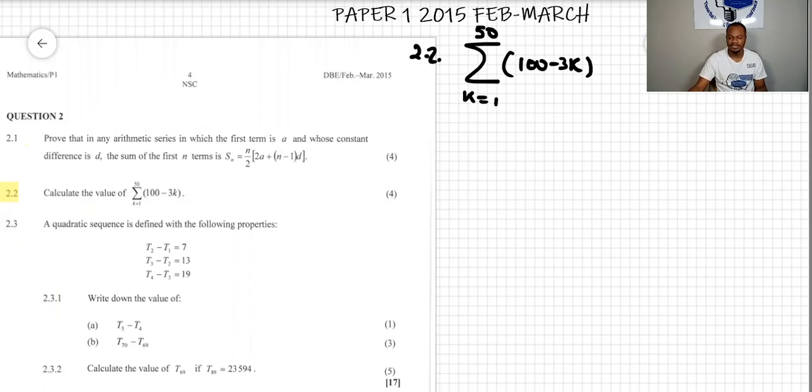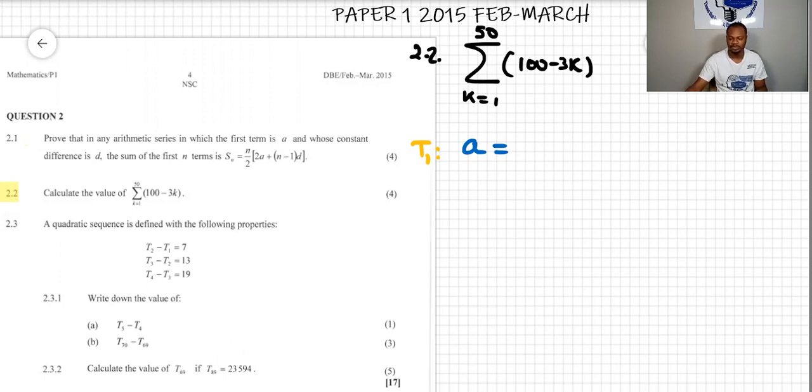We can find the first term in this question, A. Sometimes the first term is T1, but in sequence and series we write it as A. It can be found when we sub in the value of 1 into the expression inside the sigma notation.